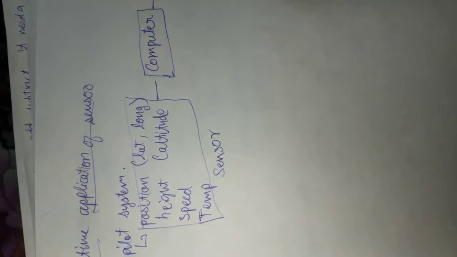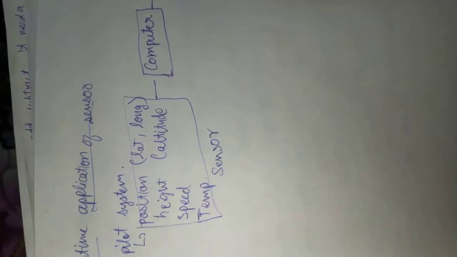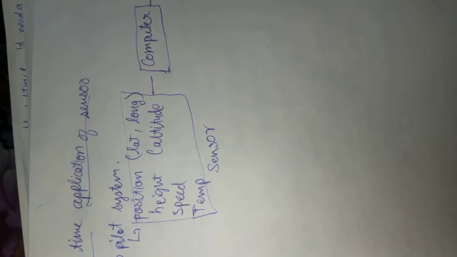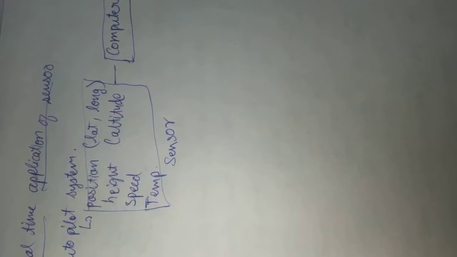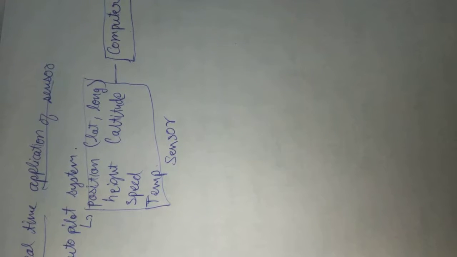We can also have flaps, which are governed by motors. Other outputs can be lights, you can say air system, which is cooling the air and maintaining the oxygen inside the cabin, and so on.